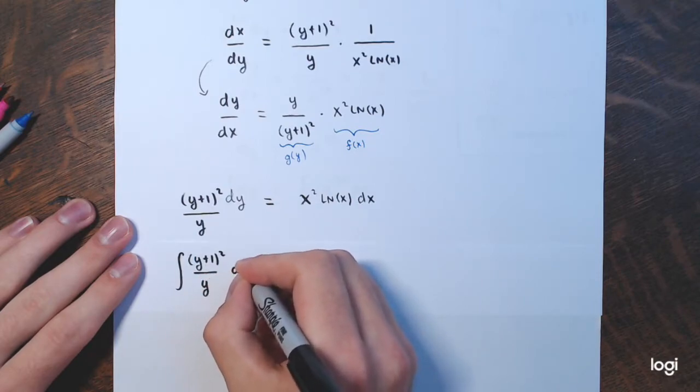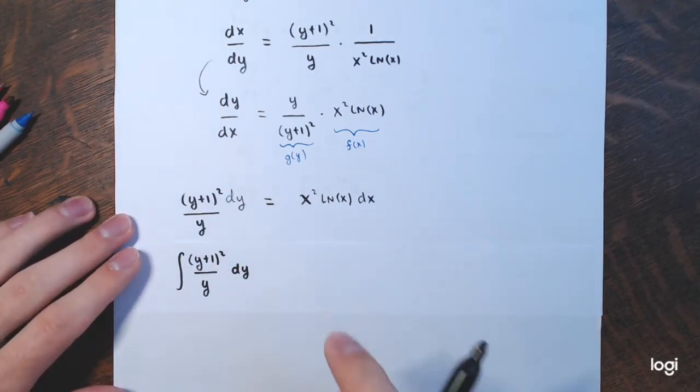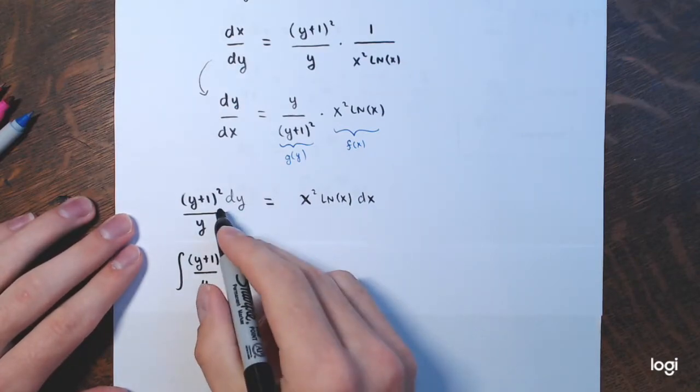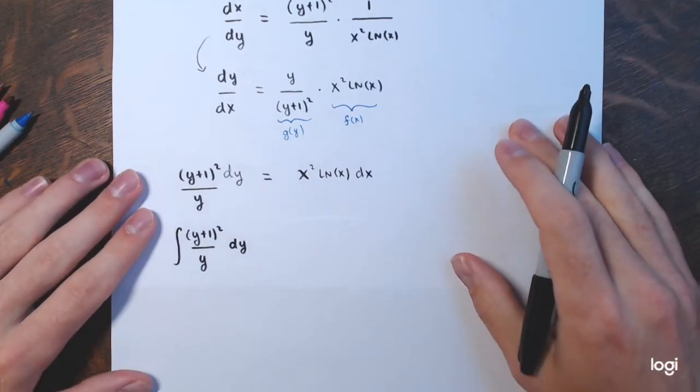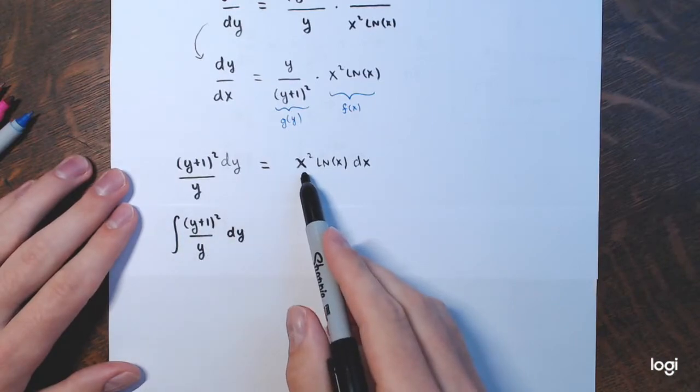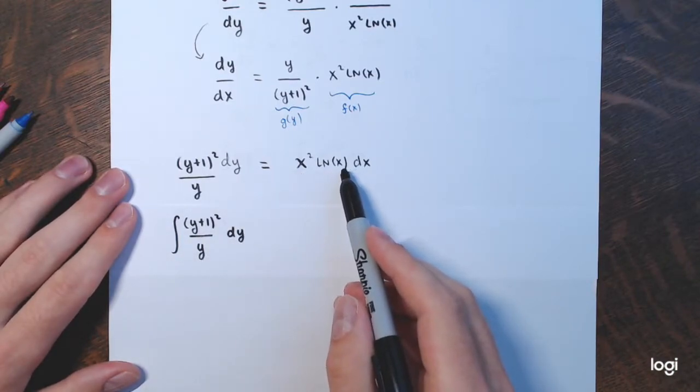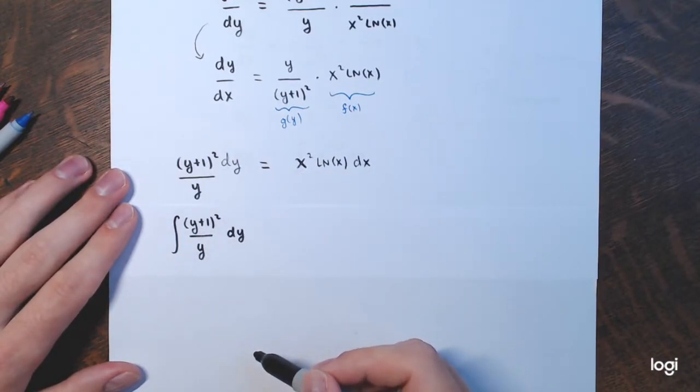Alright, so I'm just going to do the integral on the left first, and then we'll get to the integral of x squared times the natural log of x dx after that.